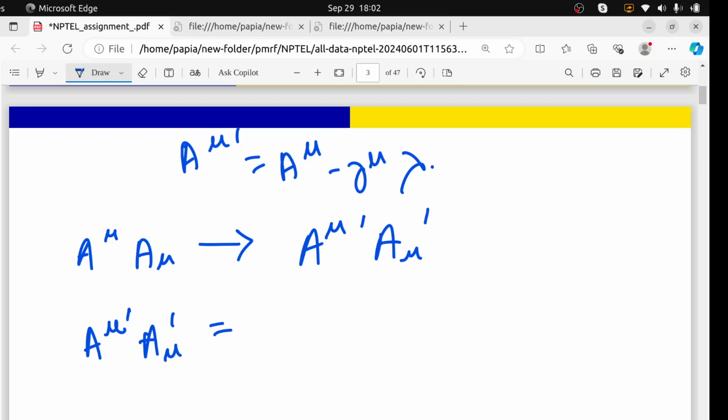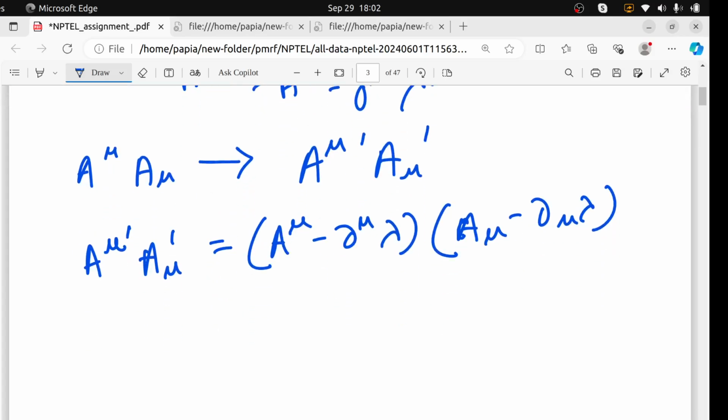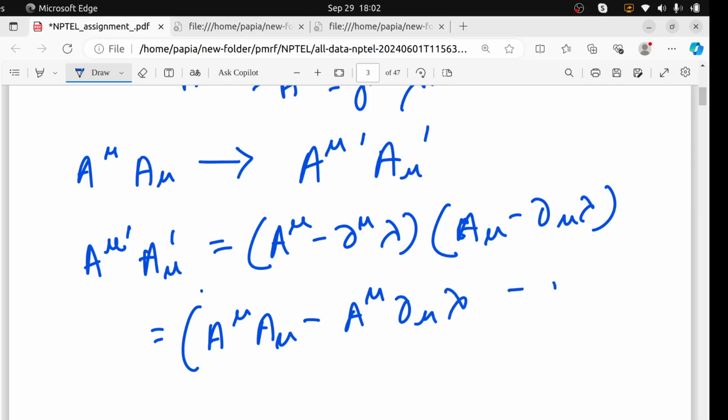Obviously we will just simply put the values: A mu, del mu, lambda.